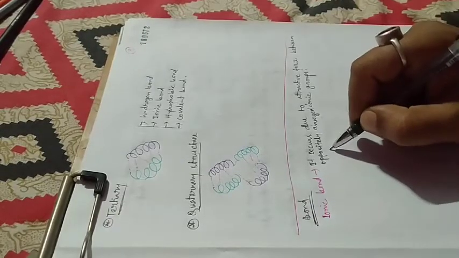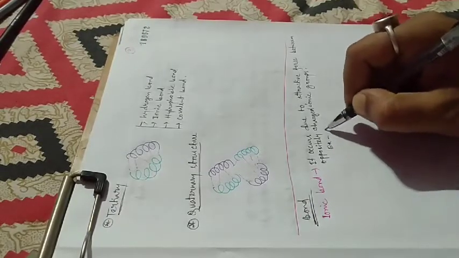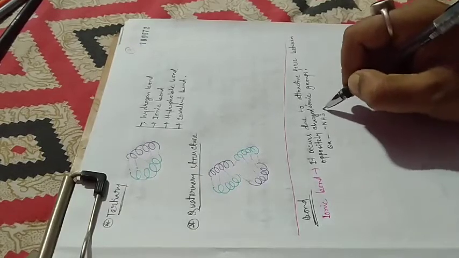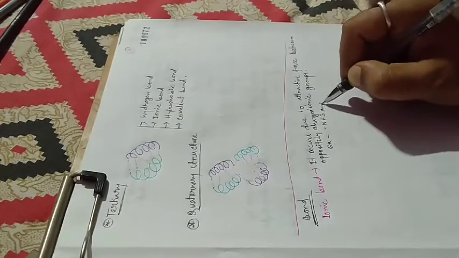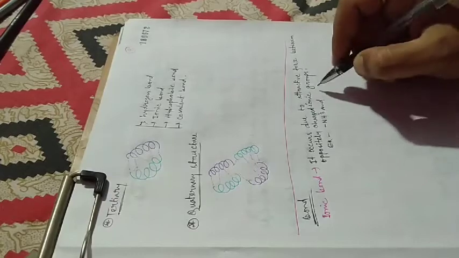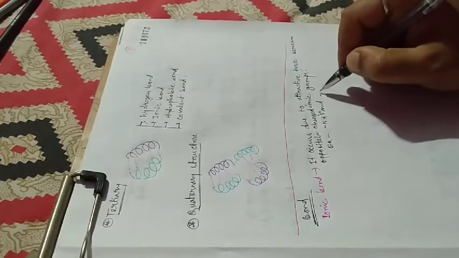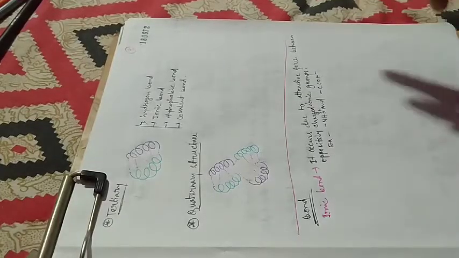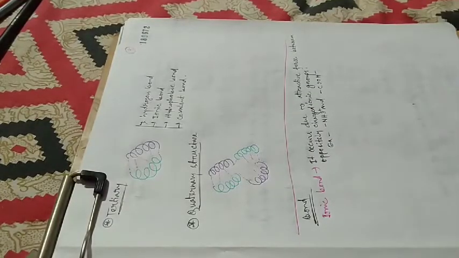As an example, the bond formed between the NH3 plus and the COO minus. So the peptide bond is also an ionic bond.